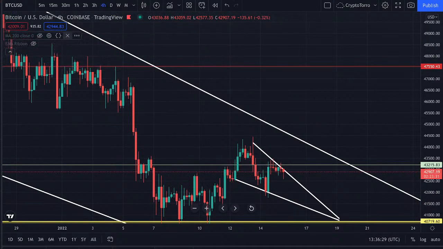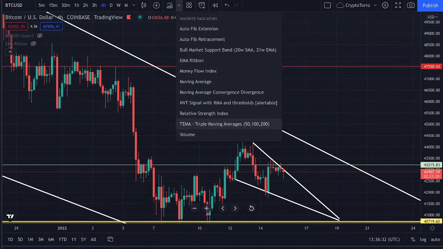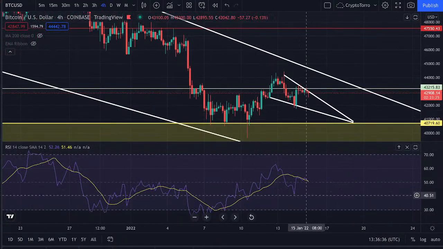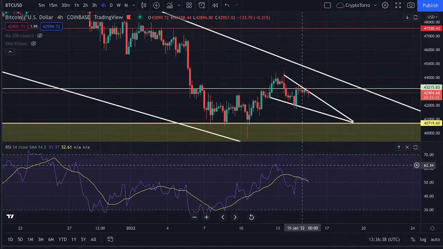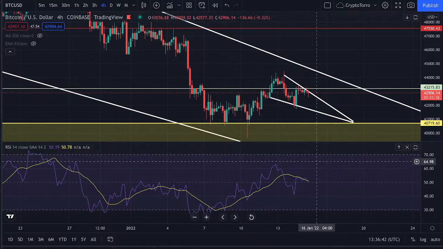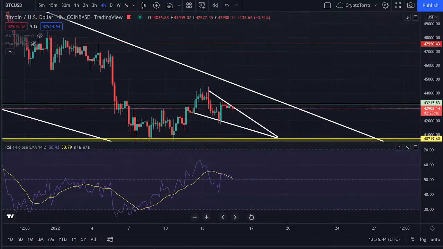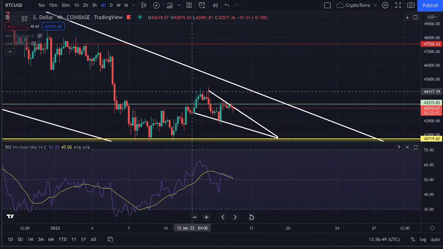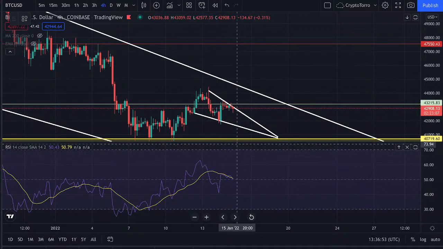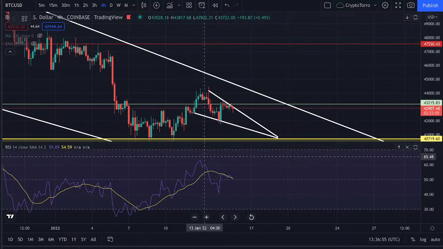This being said, let's get right away started with the RSI on the 4 hourly time frame. Let's take a quick look at what we are right now currently seeing, and what is of utmost importance to me is that we are not seeing either a bullish nor a bearish divergence. The reason why is because we are actually not seeing any type of lower high on the chart and a higher low, for example, a higher high on the RSI.